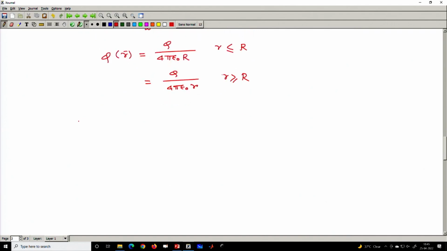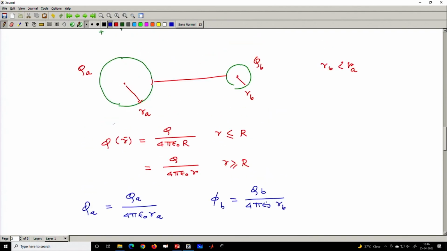So, in our case phi A is simply the total amount of charge Q A divided by 4 pi epsilon 0 R A, and phi B for the other conductor is Q B divided by 4 pi epsilon 0 R B. Now, I join these two conductors with a wire or something.